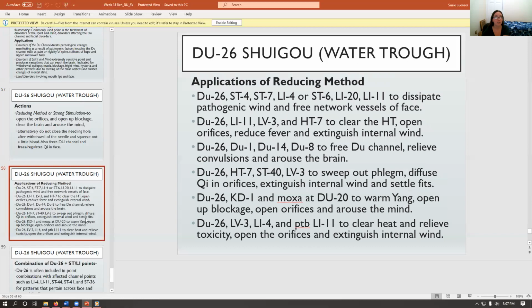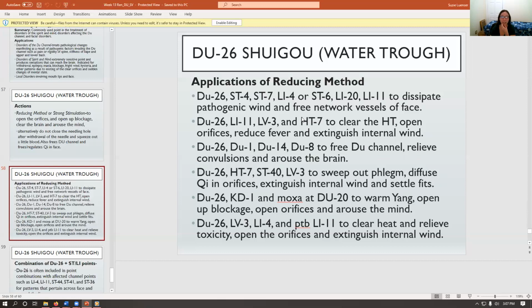All right, some point combinations here. We're going to be doing local points with do 26 for the face. With Li11, liver 3, heart 7, that's going to be for fire and internal wind, particularly attacking the heart. With do 1, do 14, and do 8, that's going to be for convulsions. With heart 7, stomach 40, and liver 3, we've been seeing those 3 points being put together a lot for internal wind and phlegm.